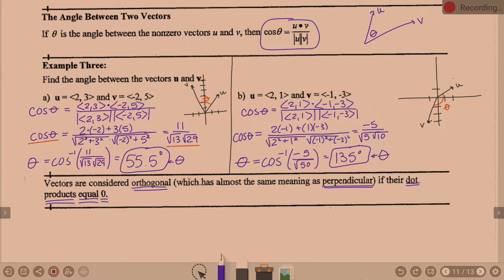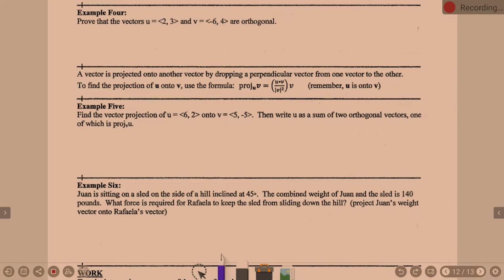There we go. Okay, so top of the next page. Example 4. Prove that vectors u, which is 2, 3, and vector v, which is negative 6, 4, are orthogonal. Thoughts? Let's do the dot product and see what it gives us. The statement is prove.